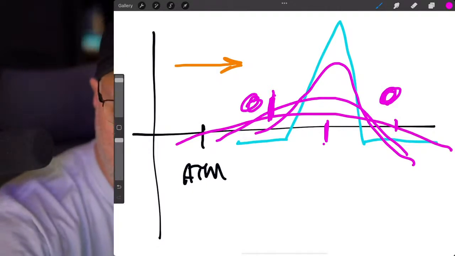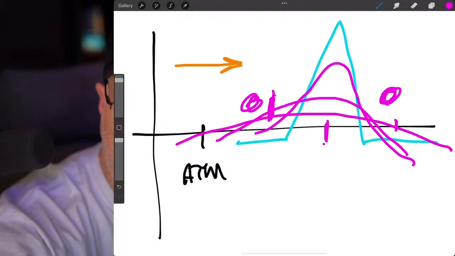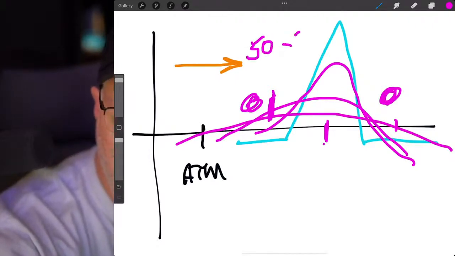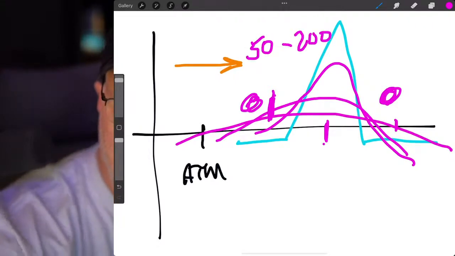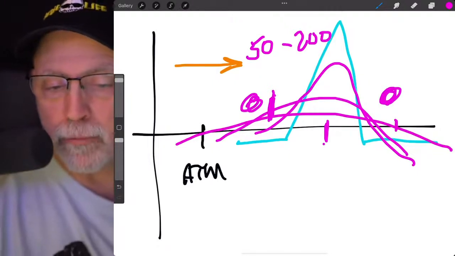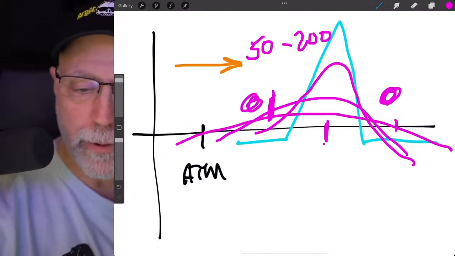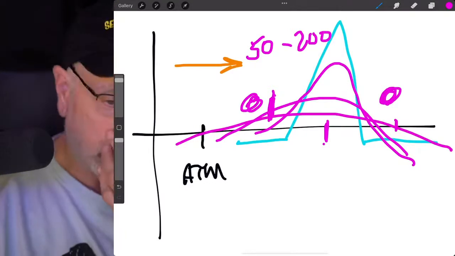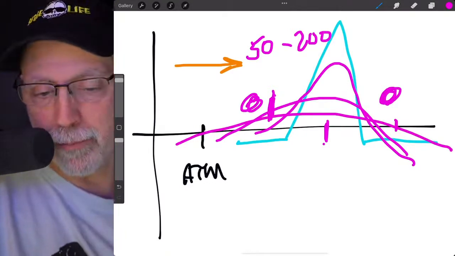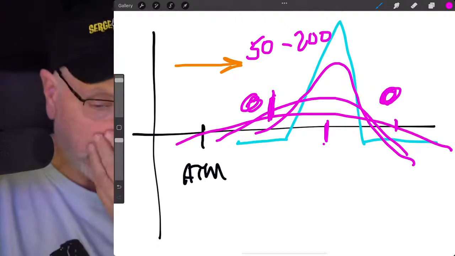As a matter of fact, out here, we can often get anywhere from 50 to 200% profit, or 200% return versus the risk, without ever even entering the profit tent, as they call it.